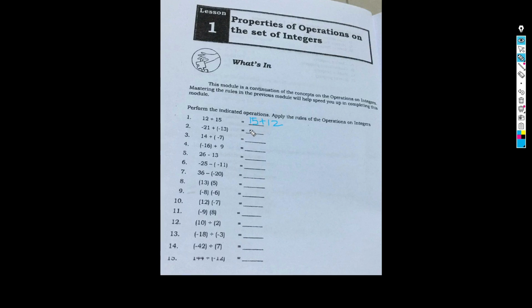It can also be equals to negative 13 minus 21. It's still the commutative property. We can still use commutative property. Actually, for 1, 2, 3, yes, you can still use closure property also. But I'm just using the commutative property. For number 3, I will also use the commutative property. So negative 7 and then plus 14.